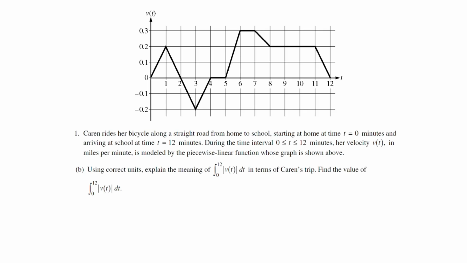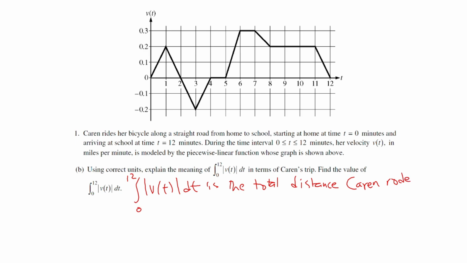So we'll say that the integral from 0 to 12 of the absolute value of v of t dt is the total distance that Karen rode her bike, and it says using correct units, so we'll say in miles, during those 12 minutes.